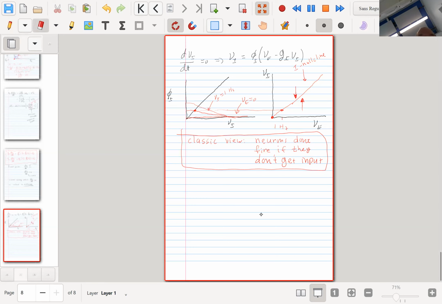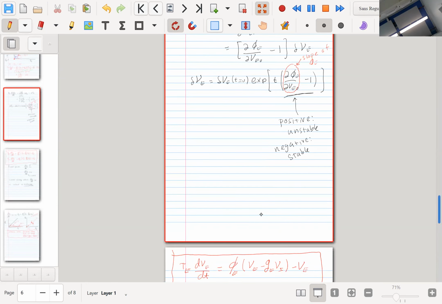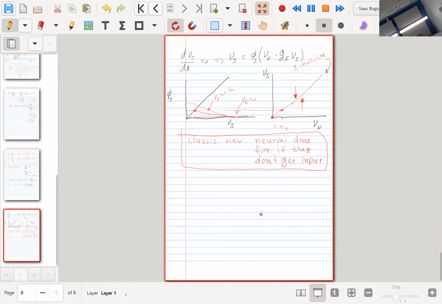I'm going to erase this thing. Okay. So these red curves, which are these magenta arrows, which are going to end up being very important, tell you what happens at fixed excitatory firing rate.